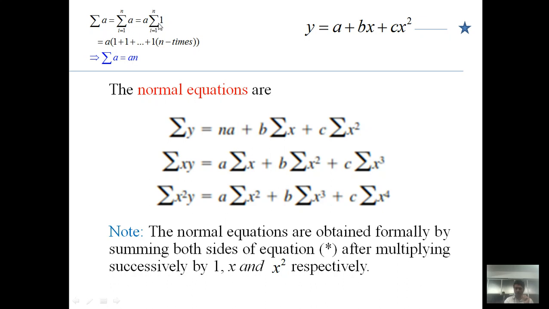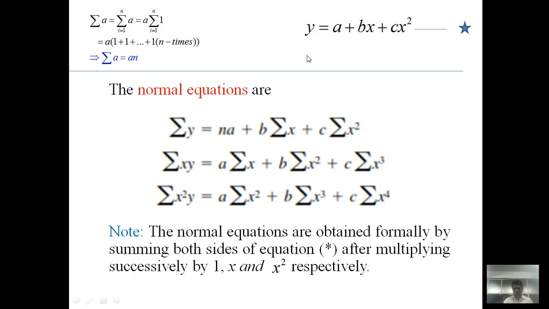When i is 2, it again gives the value 1. So 1 plus 1 and so on; when we substitute i equal to n, it also gives 1. So we get 1 plus 1 plus 1 and so on, n times, which gives n. So summation of a is equal to an.